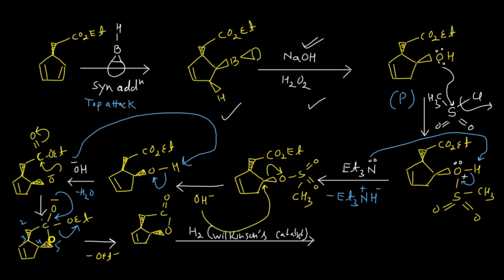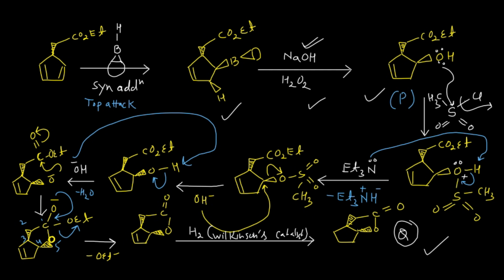Then you will have this particular product, and this is my ester functionality, and this was my oxygen, this is my carbon connected with this one, and double bond oxygen. So this is my final product, and I can name this final product as Q. So this was my P and this was my Q.